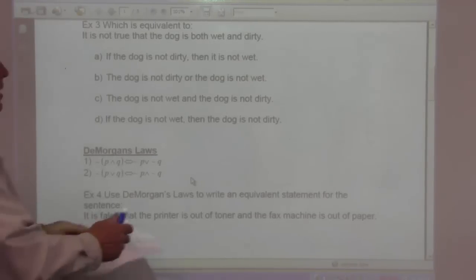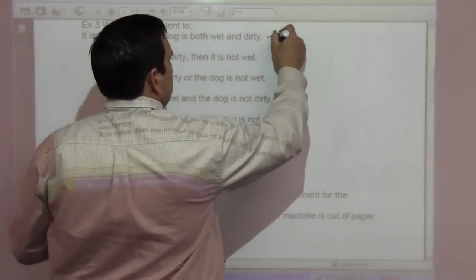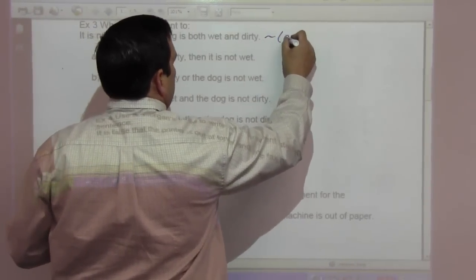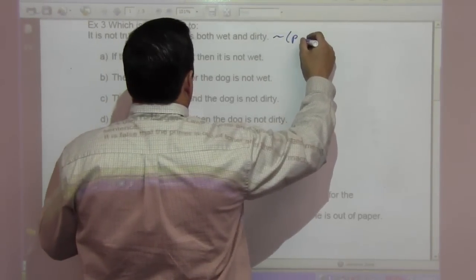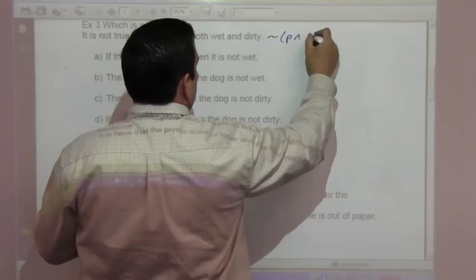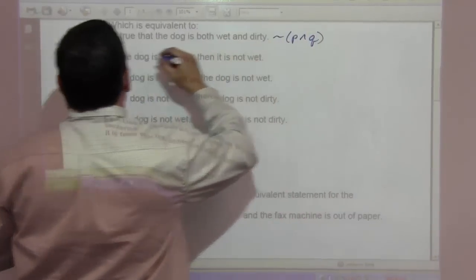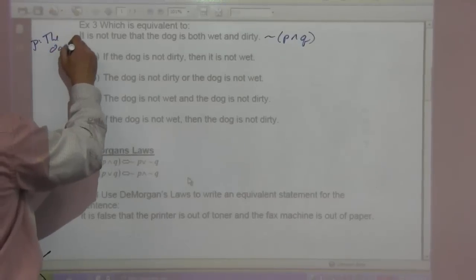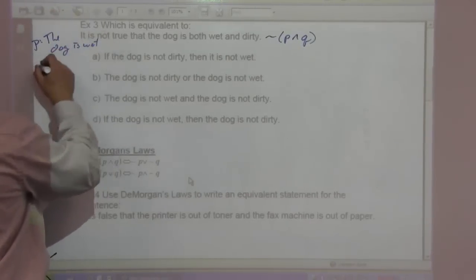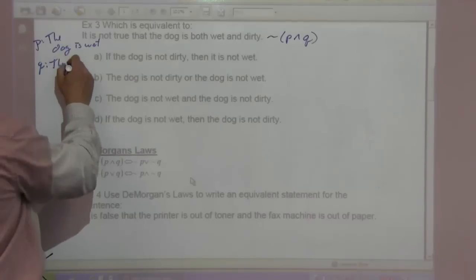The statement we see here, it is not true that the dog is both wet, which is P, and dirty, which is Q. So P, the dog is wet, and Q, the dog is dirty.